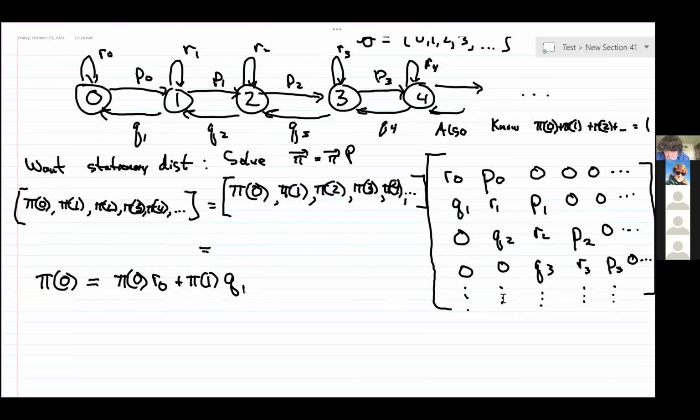What about the next equation? The next equation would be for pi 1. So how would it look? It would be pi 1. It would be this row times the second column.